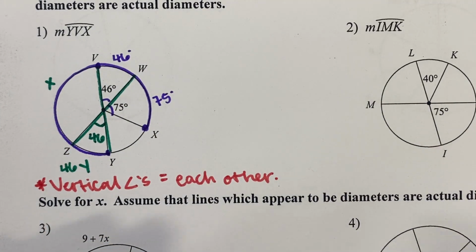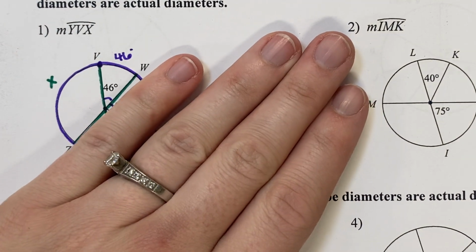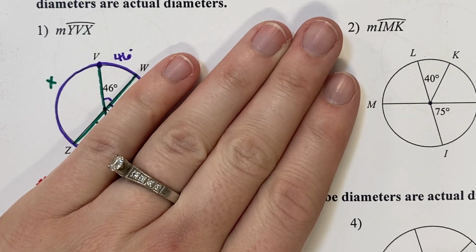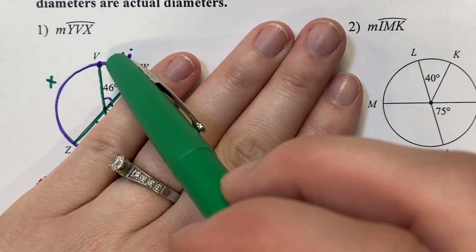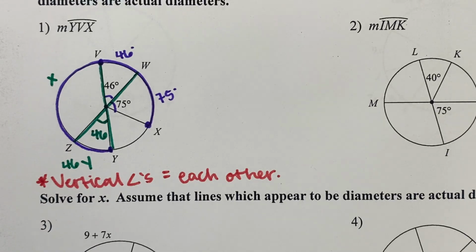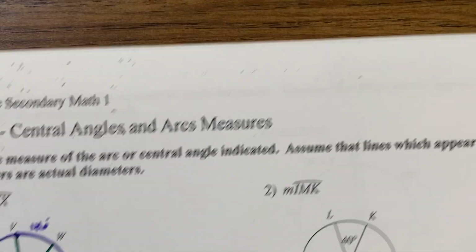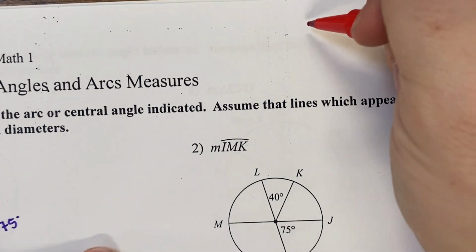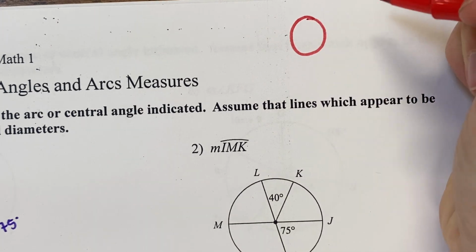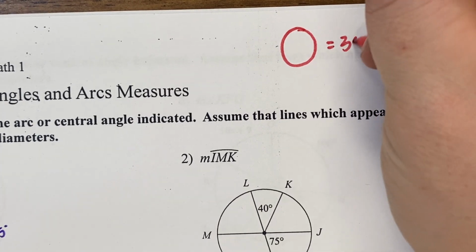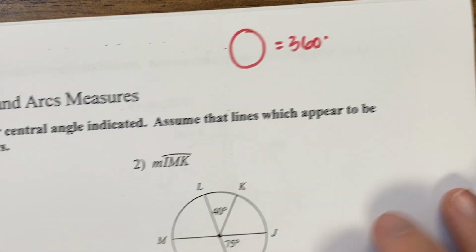Well, what we're going to do to find that is we see that we can cut this circle in half. If an entire circle is 360 degrees, in fact, let's make that note on our paper because that's super important. An entire circle equals 360 degrees.